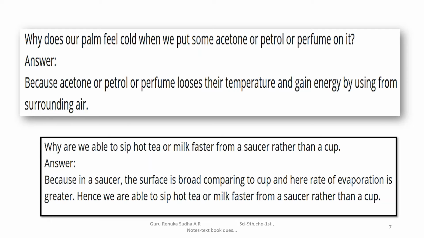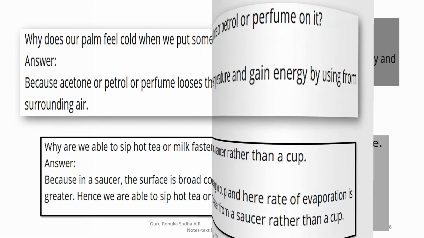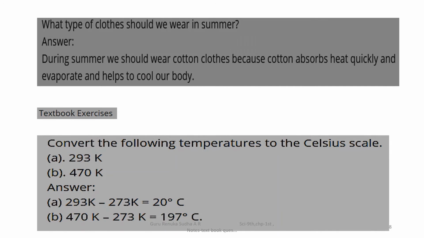These types of questions have to be answered after knowing about the nature of matter surrounding us. And common questions from the first standard itself, you start to answer. What type of clothes should we wear in summer? Yes, definitely even a small kid will be able to answer. A cotton cloth we like to wear in summer. Why?